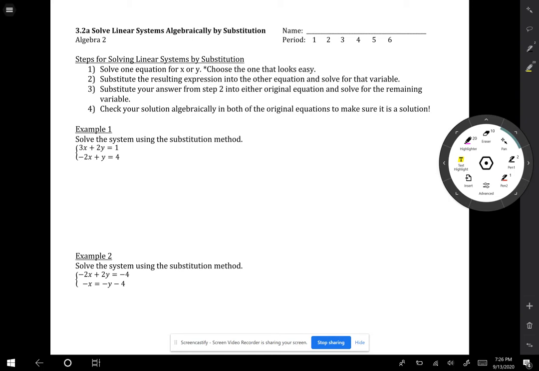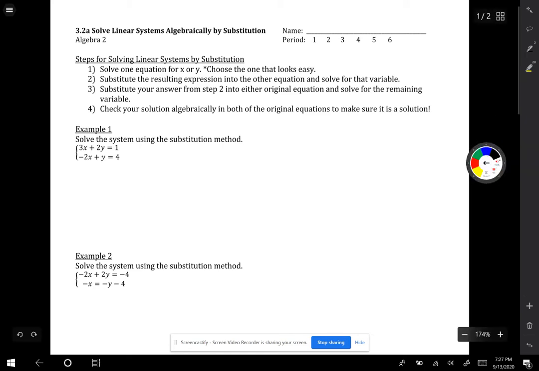So you have two equations. If you look at example one down below, the top equation is equation number one, and the bottom one is equation number two. In step one, you solve one of those equations for either x or y. You want to choose the one that looks easy, and that's the one where there's a 1 or a negative 1 in front of the x or y.